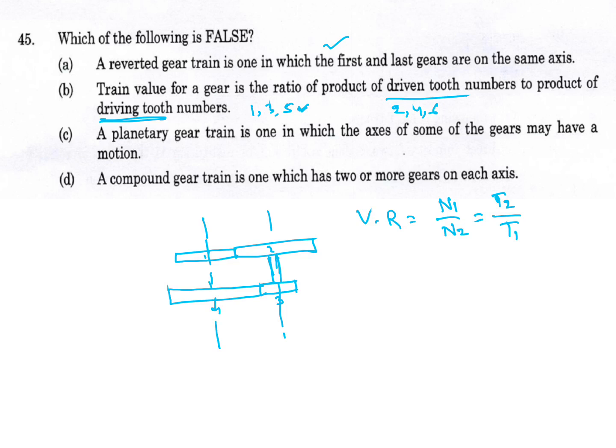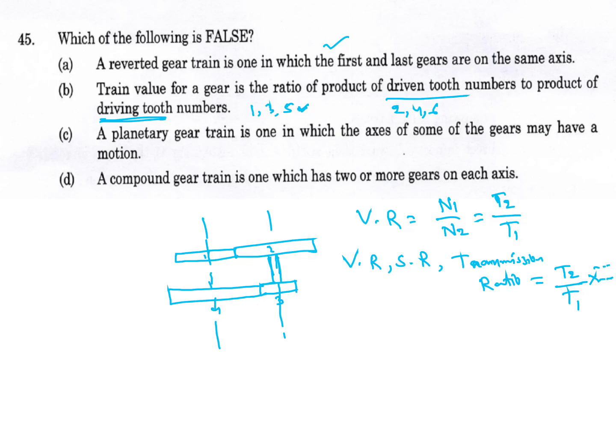Velocity ratio, speed ratio and transmission ratio are all similar, T2 by T1. If you multiply, you will get even by odd only.